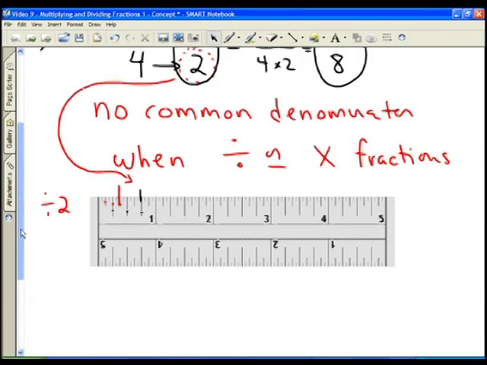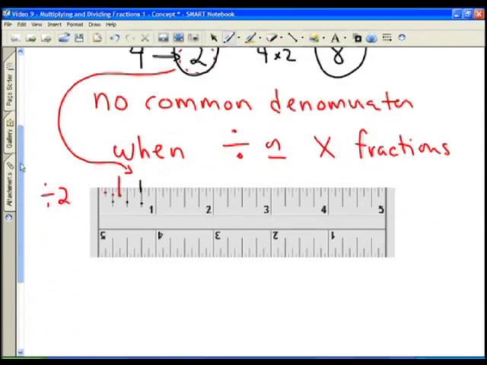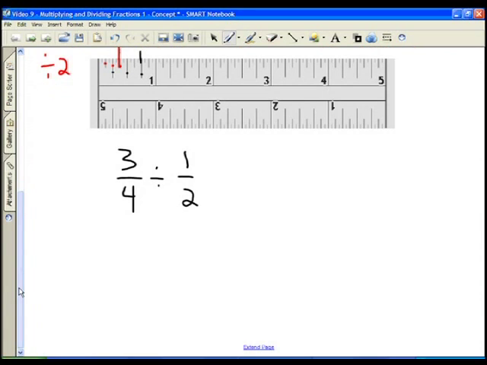Now, to further that, let's take a look at the same time at dividing these two. Let's take 3/4 divided by 1/2. Well, the rules for dividing fractions are a little bit different than the rules for multiplying. When you have to divide two fractions, you need 2 steps.